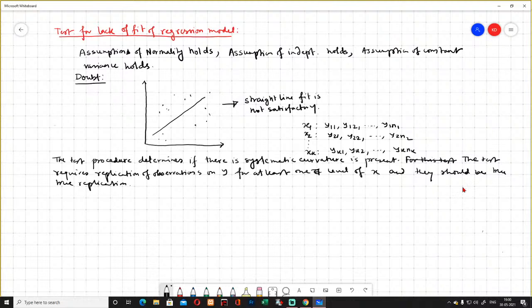They should be true replication, and not just the duplicate reading or measurement of y.